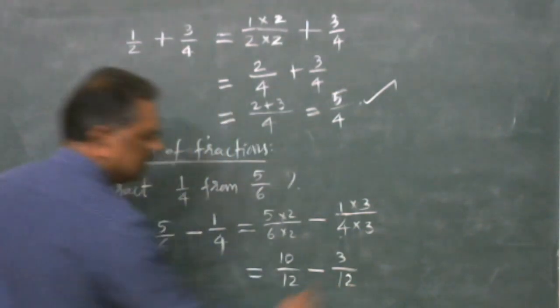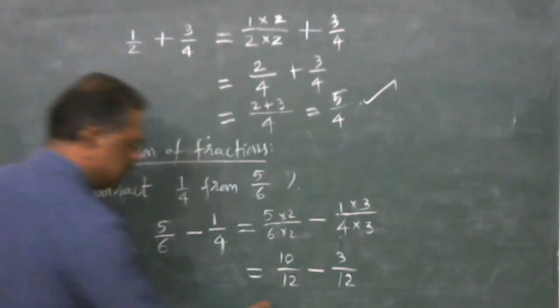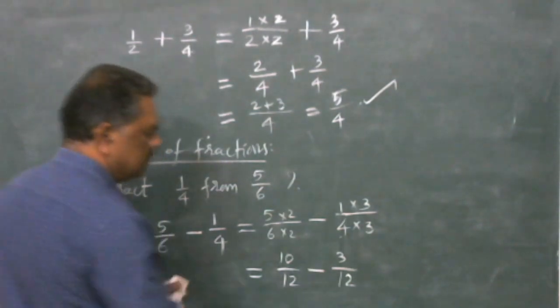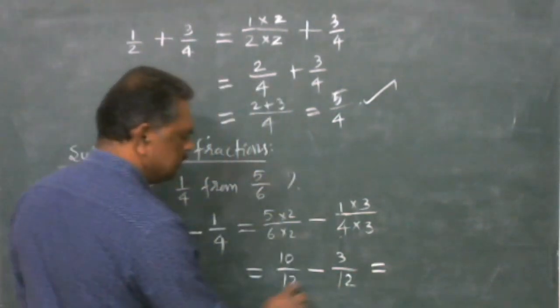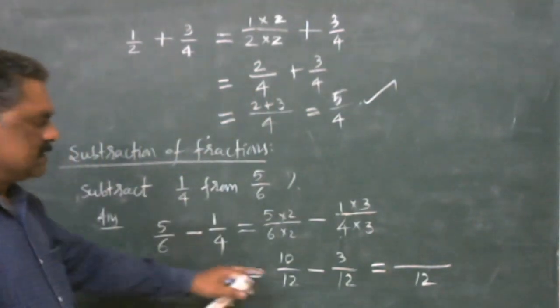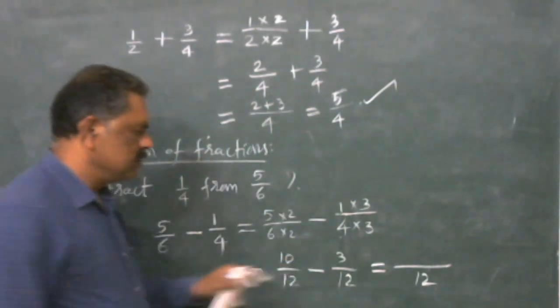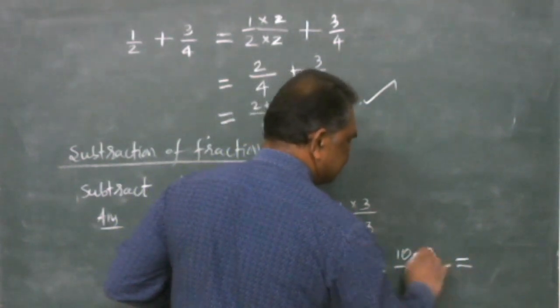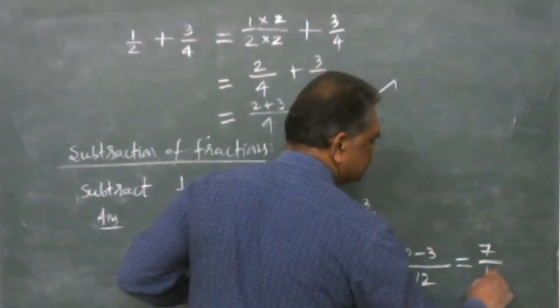Now 12 has come as the denominator. So this is equal to, 12 is in the denominator, so the pieces are equal, same denominator, and we subtract only the numerators. 10 minus 3. What is 10 minus 3? 10 minus 3 is 7 by 12, the answer.